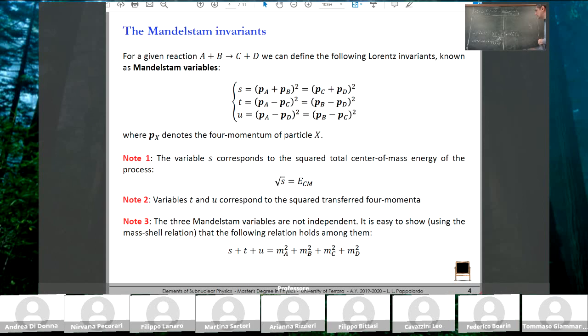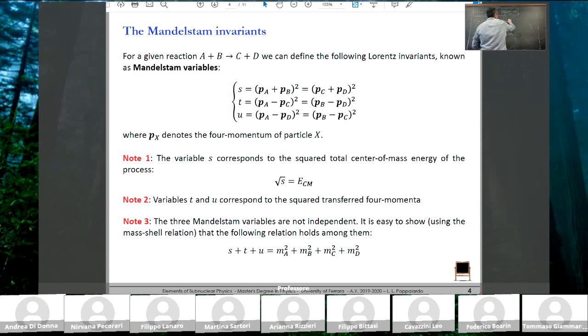Now, in our derivation, we wrote explicitly the energy of particle C in terms of the energy of particle B. Of course, we can do the opposite, and with the same derivation we would obtain, this you can check yourself, that the energy of particle C in the center of mass is given by s minus m_B squared plus m_C squared divided by twice square root of s.